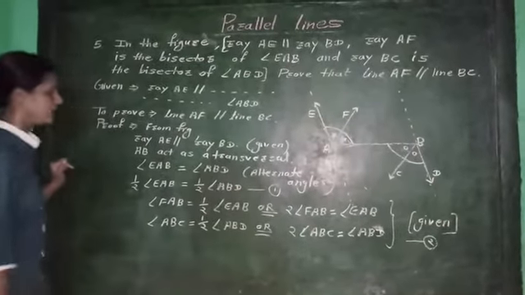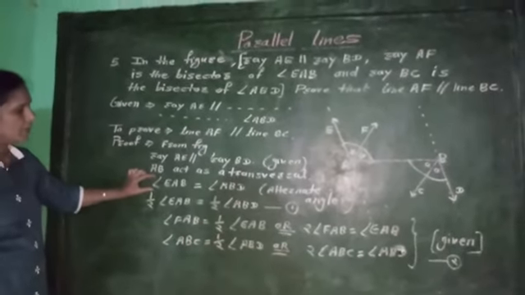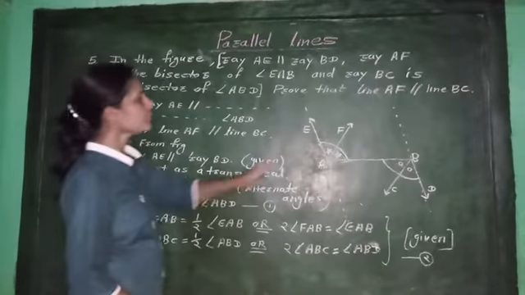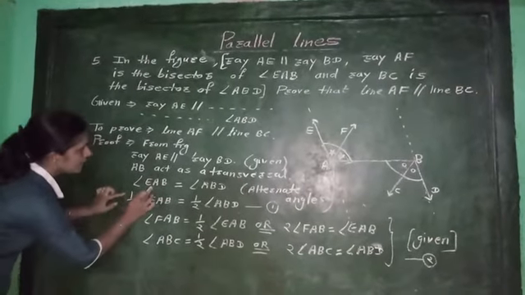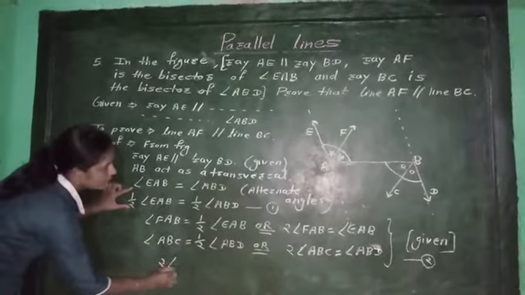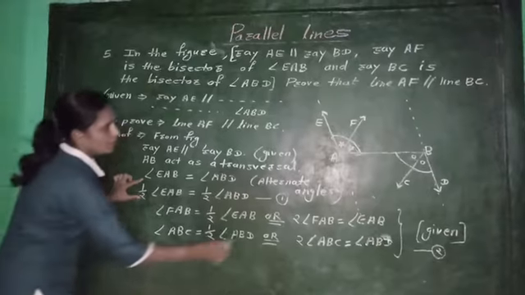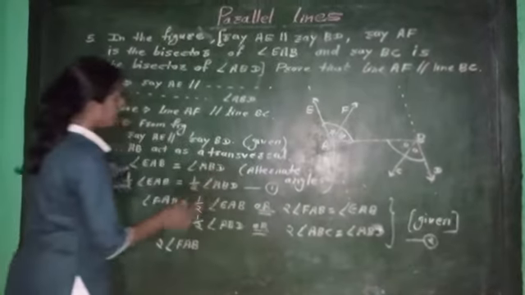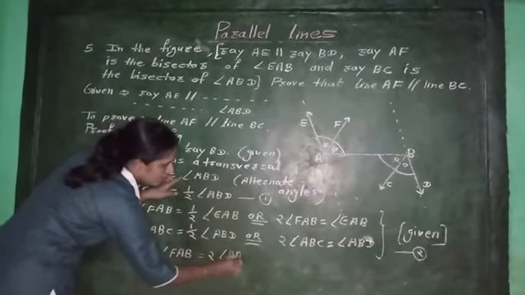From 1 and 2 we can write 1/2 EAB is equal to 1/2 ABD. EAB can be written as 2 times angle FAB, and ABD is written as 2 times angle ABC.